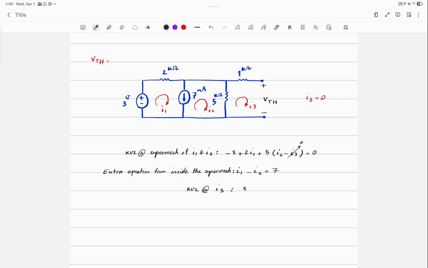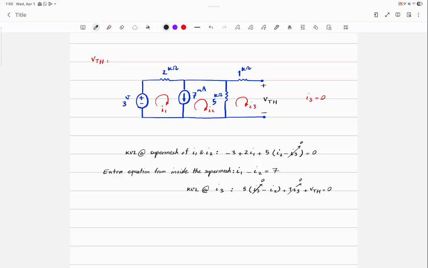So 5 times I3 minus I2, which is actually negative I2 because I3 is 0, plus 1 I3, again 0, plus VTH is equal to 0. Did that make sense to everyone? So three equations, 3 unknowns. You can find VTH from that.